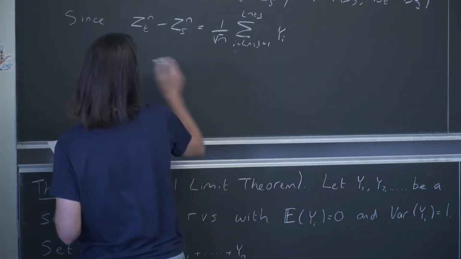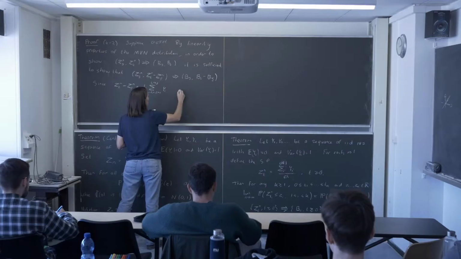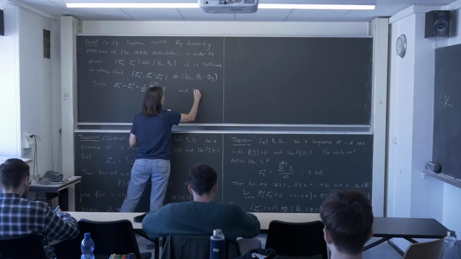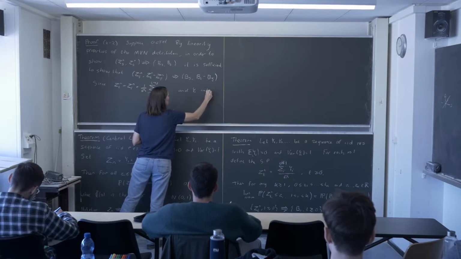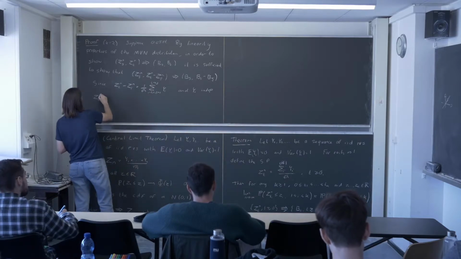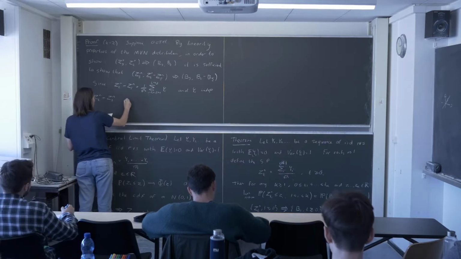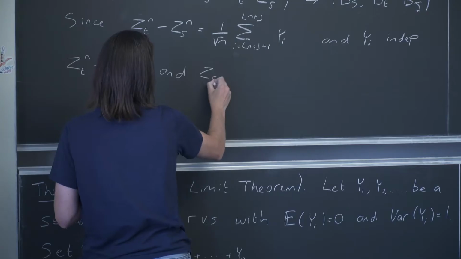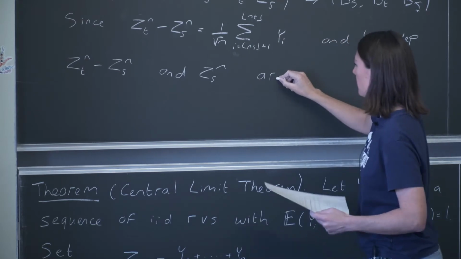And okay, so since the Yi are independent, Z_T^N minus Z_S^N and Z_S^N are independent.